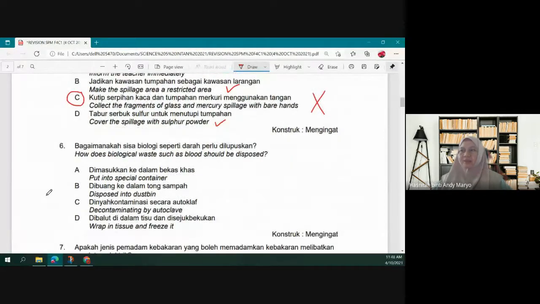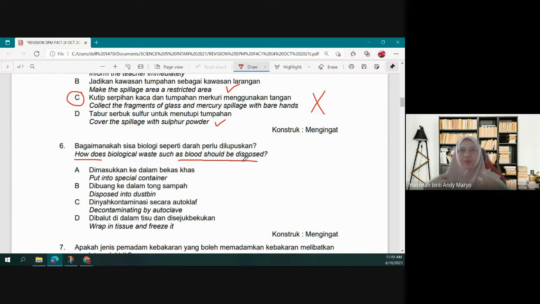Again, this is how to handle a biological waste. How you should handle a biological waste such as blood. The question is, how should biological waste such as blood be disposed? Let's say we are conducting an experiment, you have to cut an animal and there is a blood spillage.